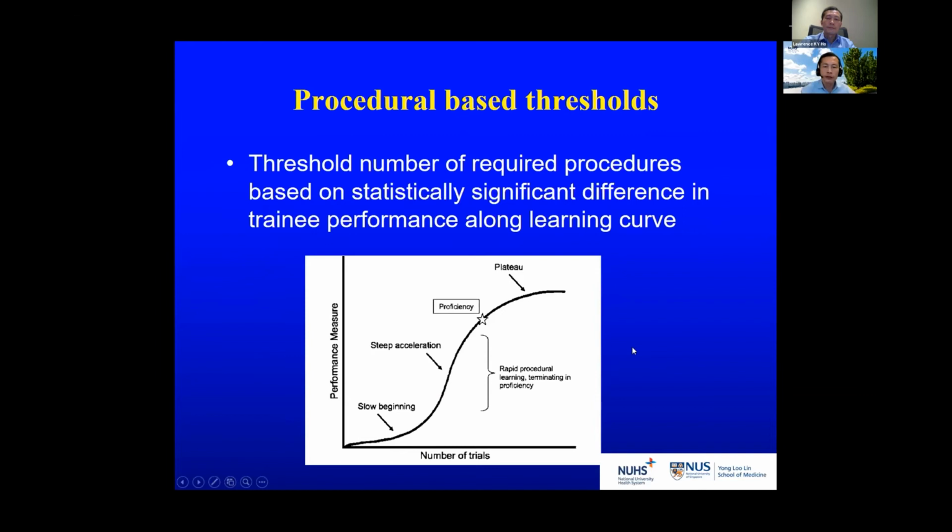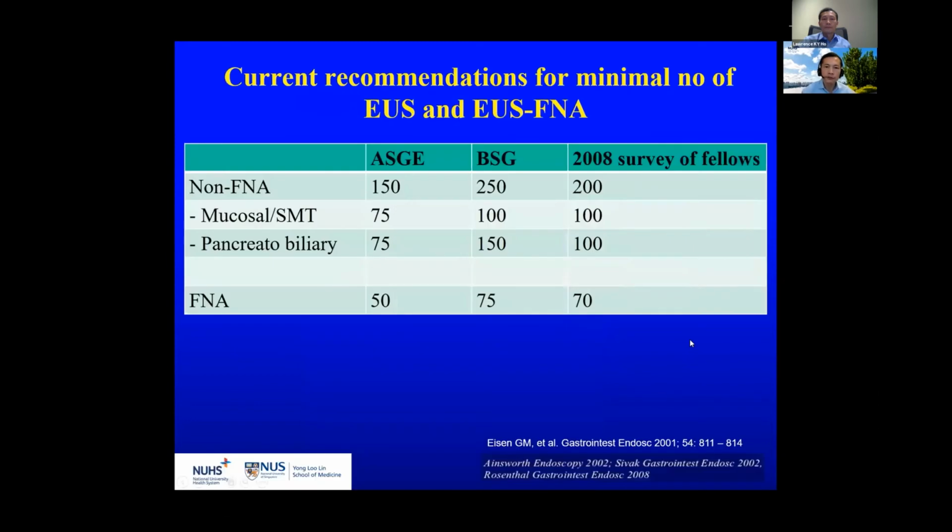The so-called threshold number is defined based on a statistically significant difference in the trainee's performance along this learning curve. This is the point where the trainee is considered to be competent. Different societies have come up with their own recommended numbers to define the thresholds of number of procedures.